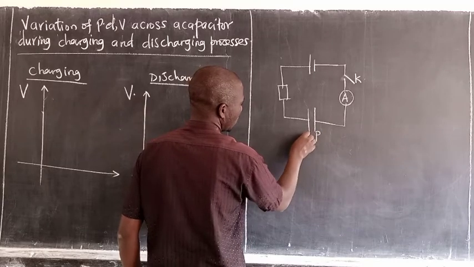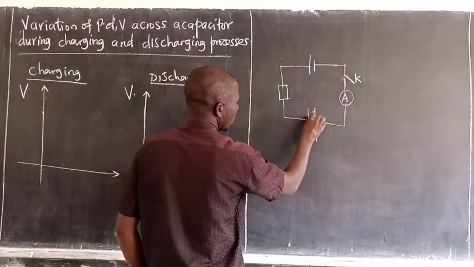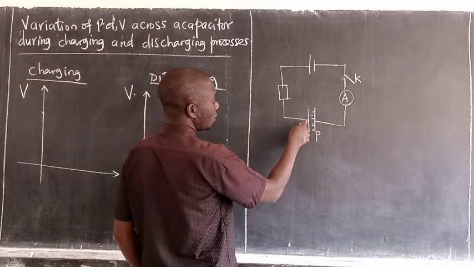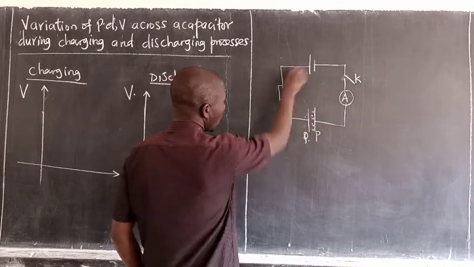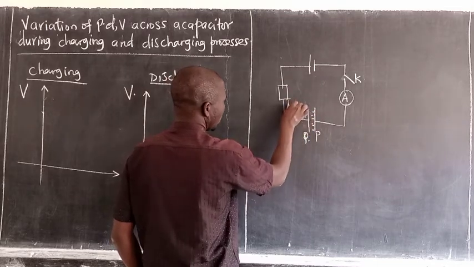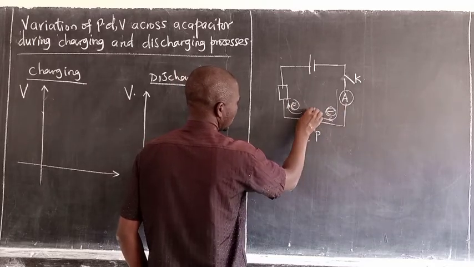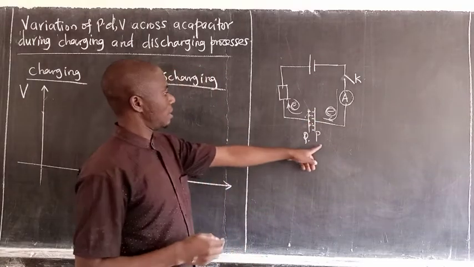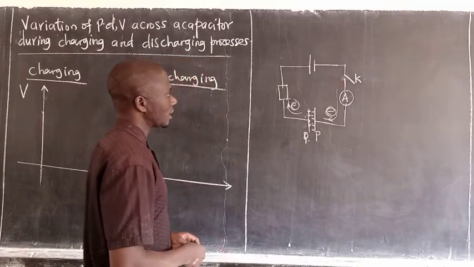If I call this one P and this one Q, the electrons would come here, making this negatively charged, and that would make the negative charges also move from this plate and go that side, leaving excess positive charges. Meaning P becomes negatively charged and Q becomes positively charged.